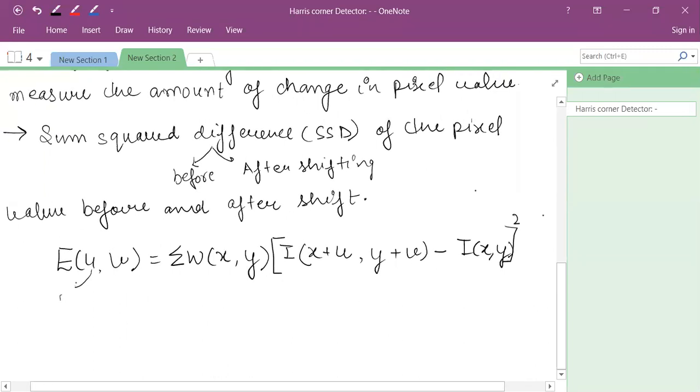So this E(u,v) is a function that is also called the SSD function. This is the kernel. So inside this you can use any kernel like the Gaussian as well as the other ones. And this is your intensity. This is your initial x and y coordinates, and this is your shifting coordinates with respect to x and y.